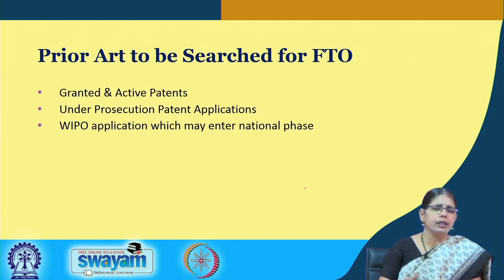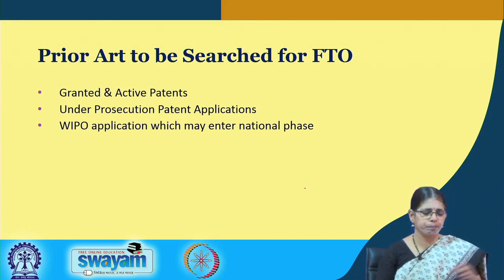Tracking the application status in the individual country becomes important, because the question of the IP status of that particular application arises. Once there is a grant in that particular jurisdiction, then when you are trying to bring the product into that jurisdiction, there is a potential case of an IP infringement that can arise. So, tracking the IP status becomes imperative in the case of an FTO search, even in the PCT application mode.